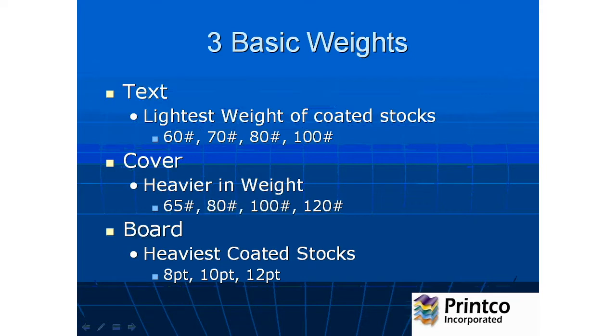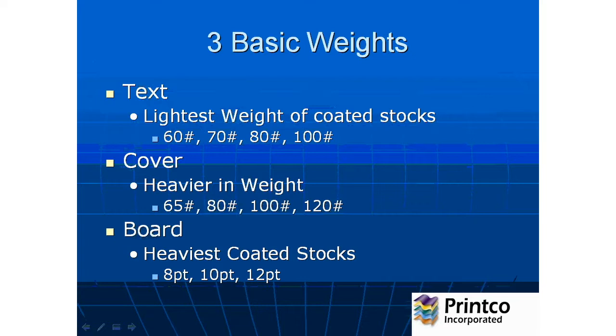Cover weight papers are much heavier, and the most popular weights for cover weights are 65, 80, 100, and 120 pound. Cover weight stocks are great for postcards, business cards, covers to booklets and brochures, and sell sheets where stiffness is required.